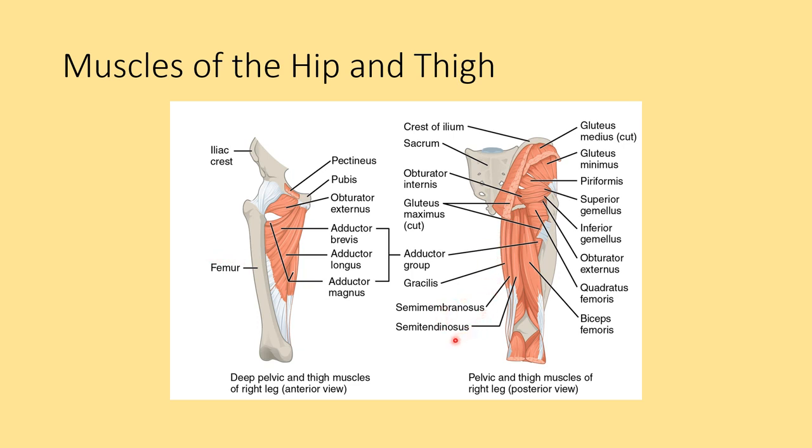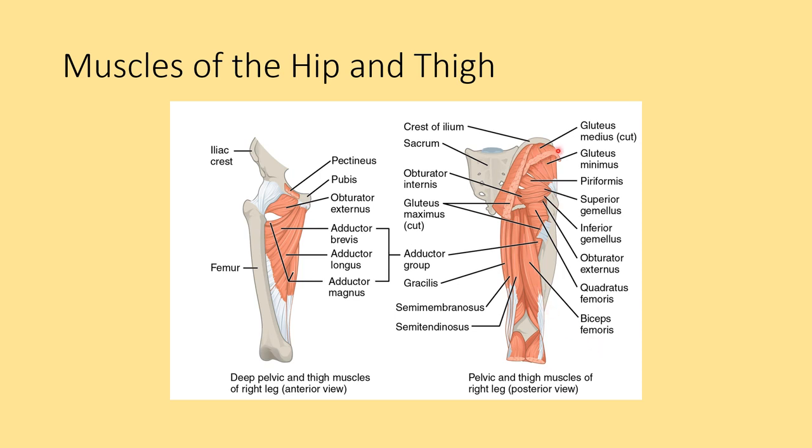Now from the posterior view, you've got the semimembranosus and semitendinosus. Usually go gracilis, semimembranosus, semitendinosus. And here's your biceps femoris that I was talking about earlier. Use the full name. Don't call it the biceps, and certainly don't call it the biceps brachii. Use the full name, biceps femoris.